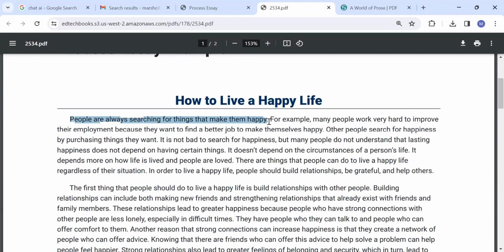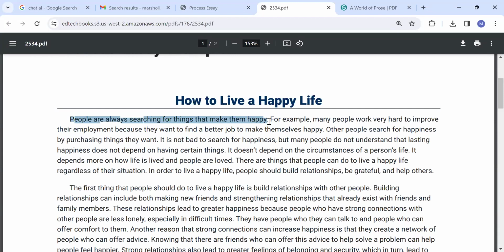But if you start with people are always searching for things that make them happy, that broadens the audience's understanding, it broadens their thoughts rather than simply trying to appeal to a specific desire that the audience may not have.